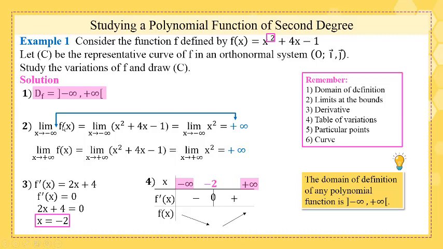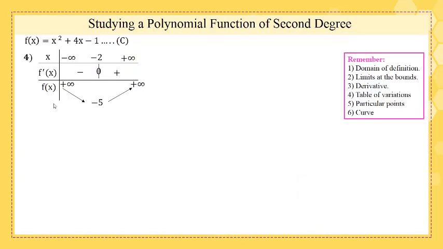Since the limit of f of x as x tends to minus infinity equals plus infinity, here we will write plus infinity. Since the limit of f of x as x tends to plus infinity equals plus infinity, we will write plus infinity here. f of minus 2 equals minus 5. As you see, the point of coordinates (minus 2, minus 5) is the minimum point of the curve.